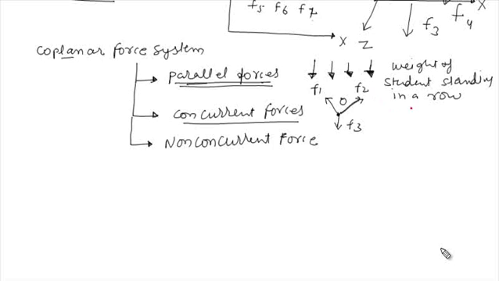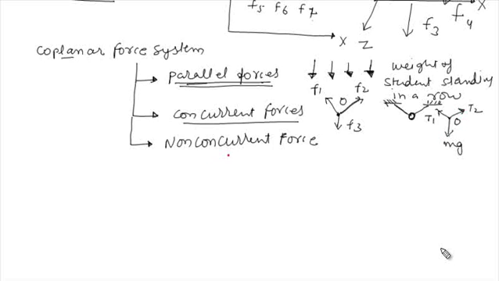Suppose we take the example of an electric bulb hanging in this manner. It is an example of coplanar concurrent forces, because the forces acting on the electric bulb are mg and the tensions T1 and T2 from the ropes. All these forces, T1, T2 and mg, pass through a point O. So we can say that it is a coplanar concurrent force system.